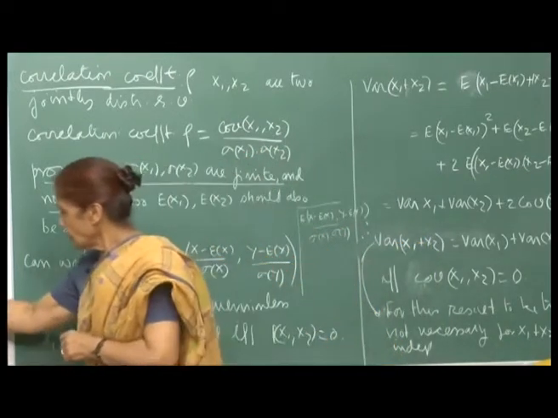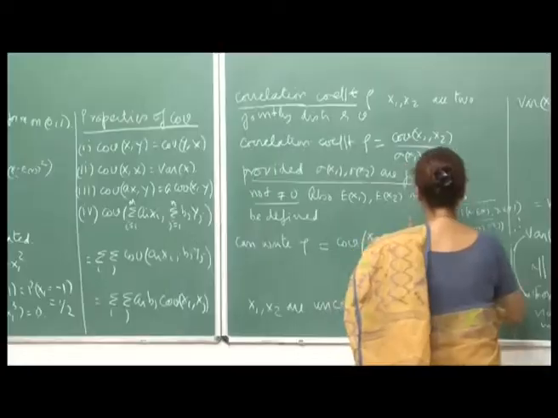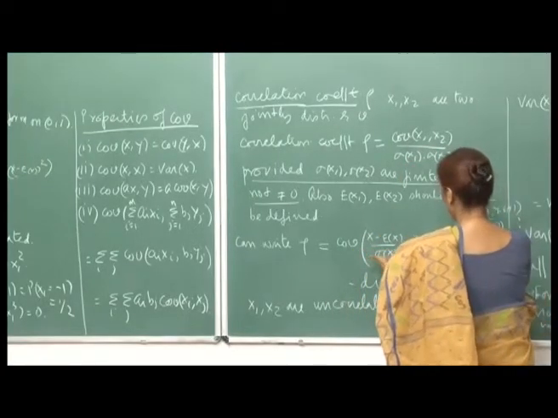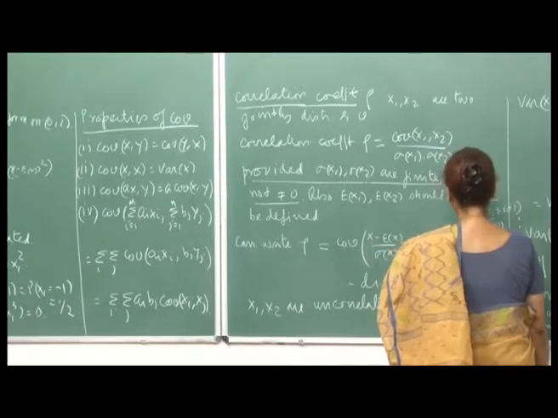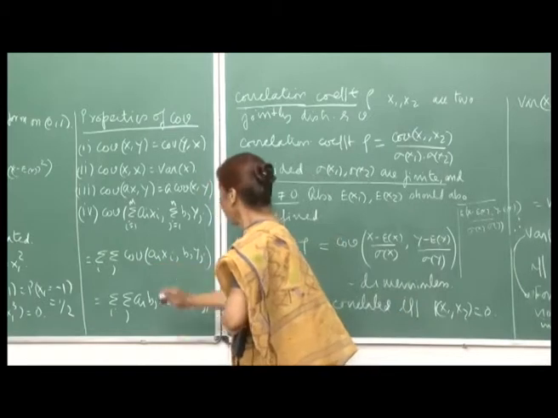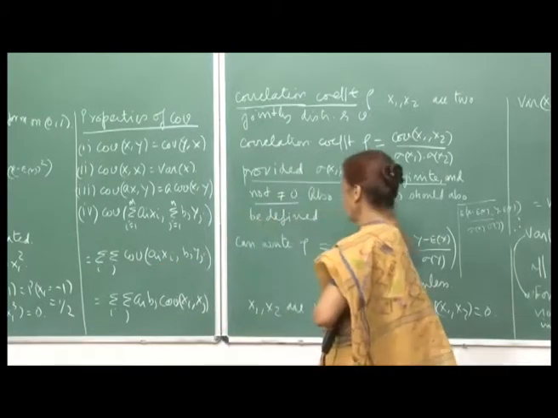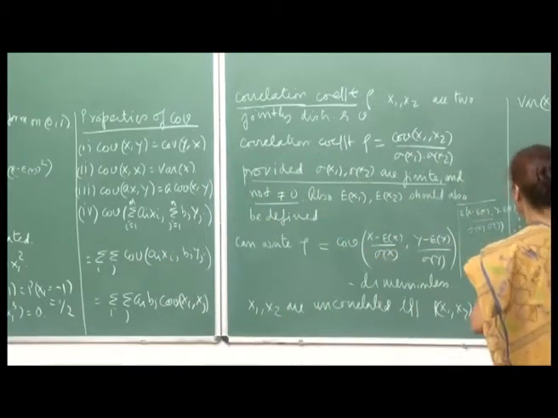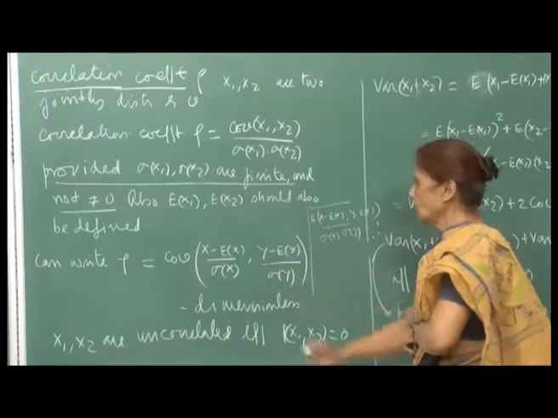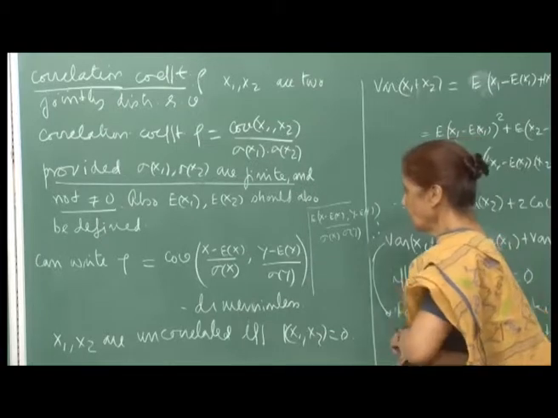By this definition I can combine, I can take this inside. There is no big deal, I am not doing any big manipulation here, simply taking this inside, because we have already seen that constants can be taken outside or inside, it does not matter. So, therefore, this becomes a standardized, dimensionless definition of the correlation.